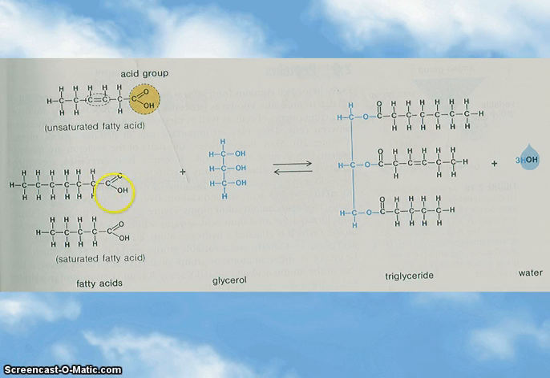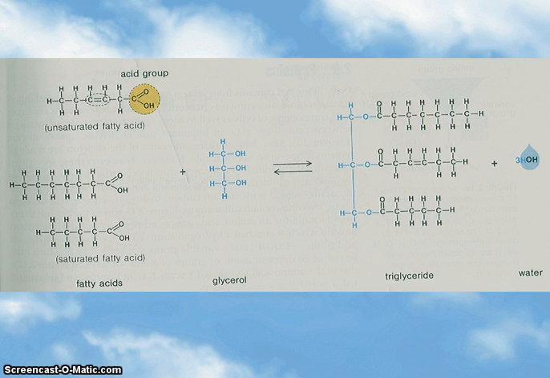The same thing would happen here: an OH would be lost, a hydrogen would be lost, they would come together to form a water molecule, and a bond would be formed. And lastly here, we'd lose an OH and an H, a third water molecule would be formed, and a bond would be formed between the fatty acid and the glycerol.